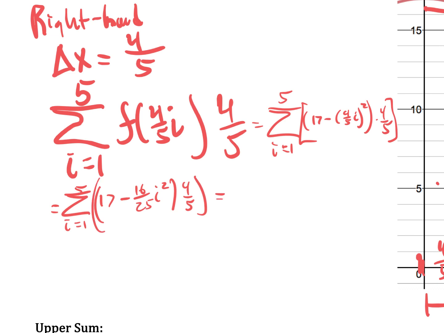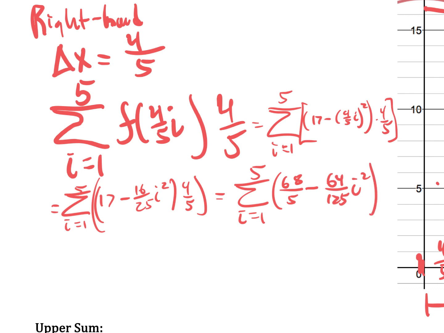And that is going to be the sum of i equals 1 to 5 of, now let's distribute that 4/5 there. And so we'll have 4/5 times 17. It's getting a little ugly here, but that's okay. That's 68/5 minus 4/5 times 16/25. That's going to be 64/125 i squared. And now we have the sum of i equals 1 to 5.